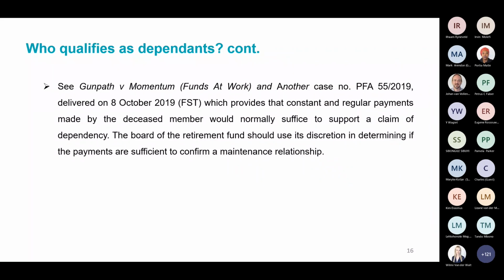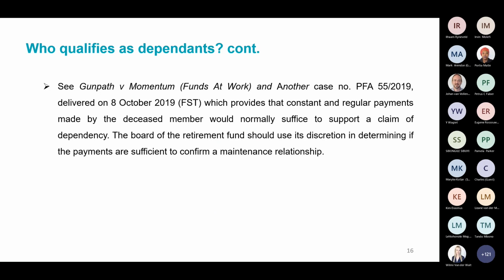If we look at Gunpath versus Momentum Funds at Work and another Financial Services Tribunal case of 2019, which speaks to the regular payments, it provides that constant and regular payments made by the deceased member would normally suffice to support a claim of dependency. The board of the retirement fund should use its discretion in determining if the payments are sufficient to confirm a maintenance relationship.